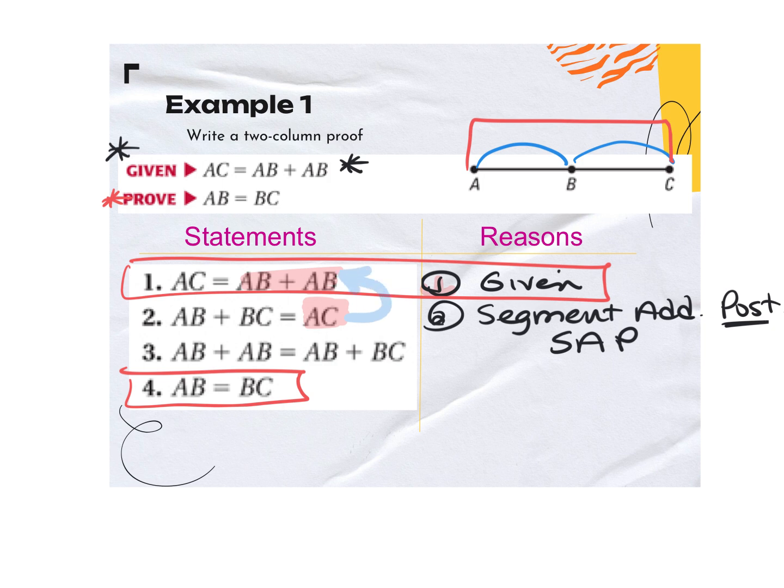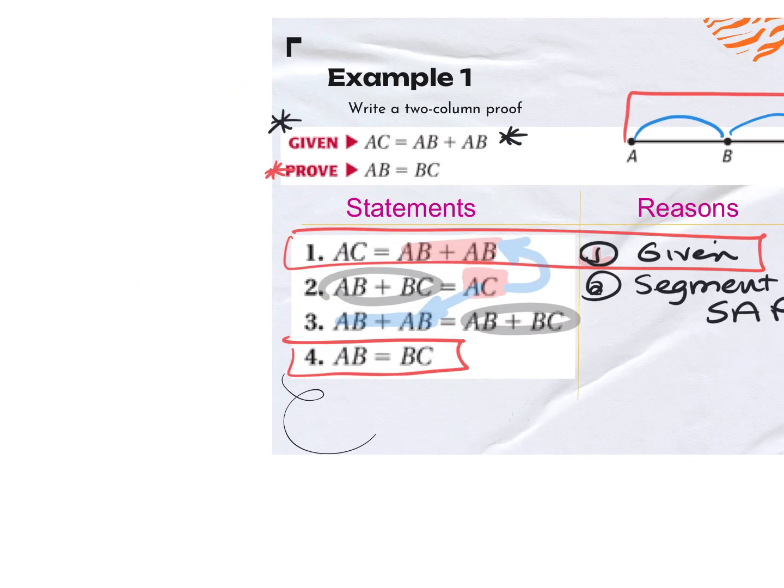And then what they did was they put it here. So they took AC and they put it here. And then they took this and they put it here. Your third step could have also been keeping it in the same order, AB plus BC. And then here, instead of having the AC, you could erase that and put what AC equals, which is AB plus AB. But they flipped it around.